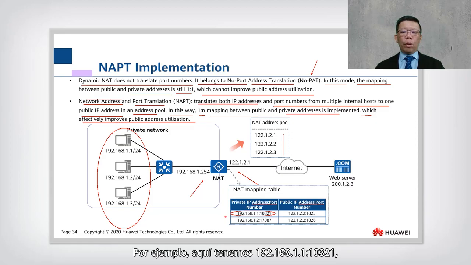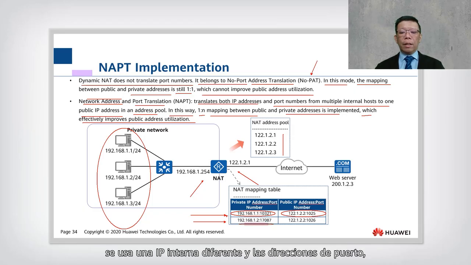For example, you can see here we have 192.168.1.1/10321, which is our private IP, being mapped into 122.1.2.2:1025.